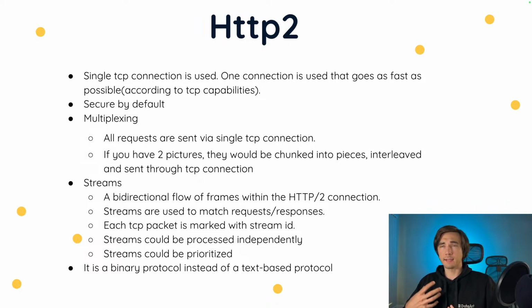Except multiplexing, one really important thing in HTTP2 is that we also have streams. These streams are the piece which allows us to send these requests in parallel. It's how the client and server understand what each small chunk of a request is related to.